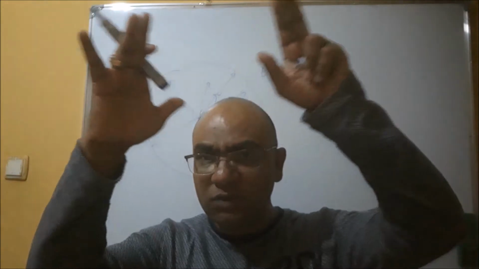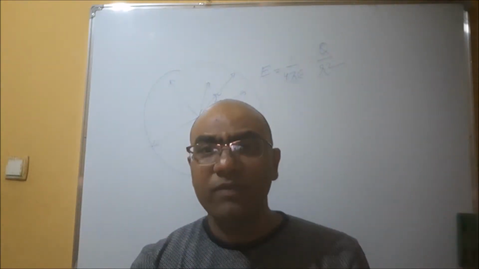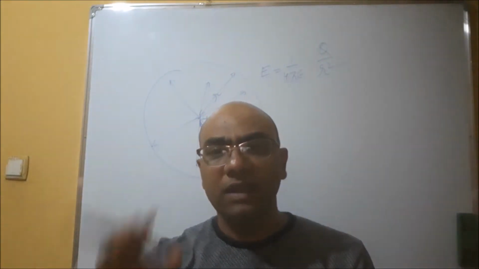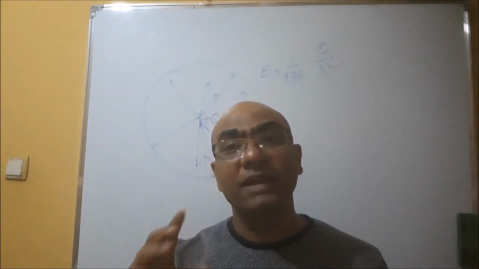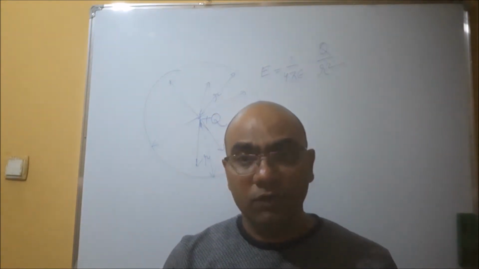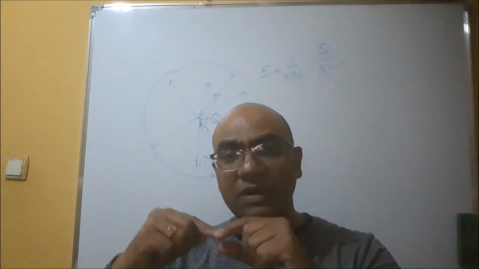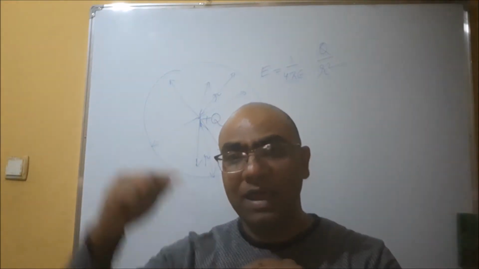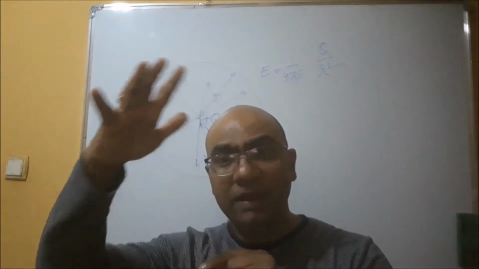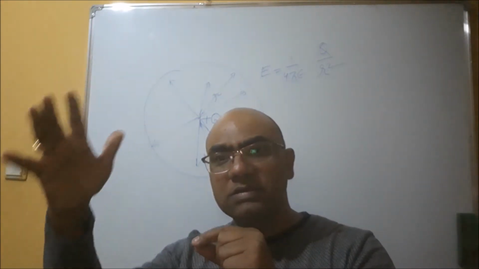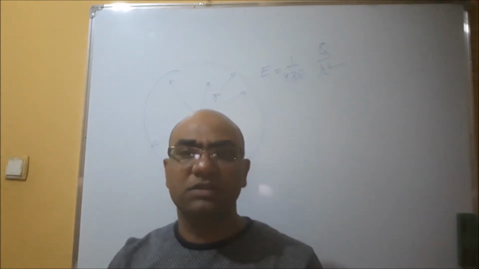So at every point on the surface of this sphere, I will get the equal value of the electric field, right? Because we are at the same distance from the center.